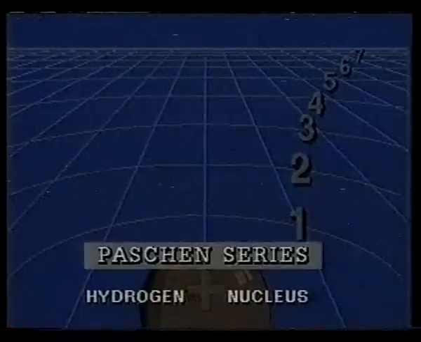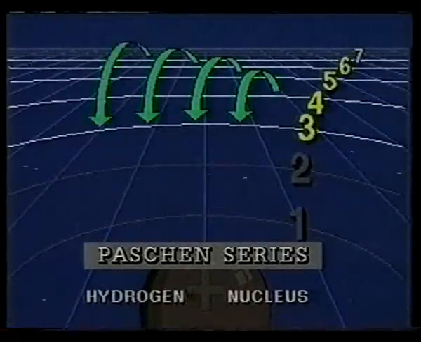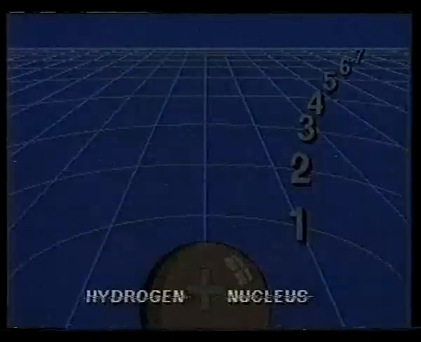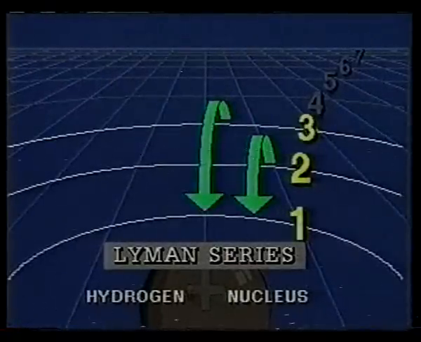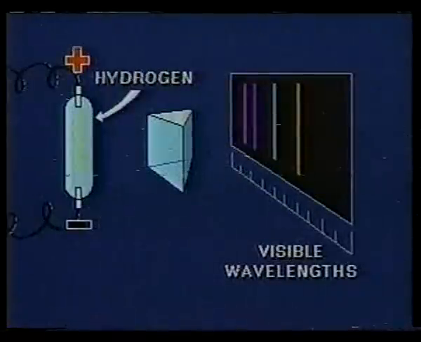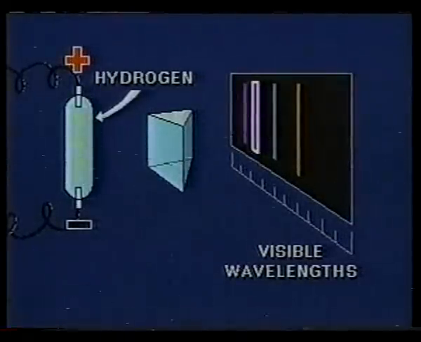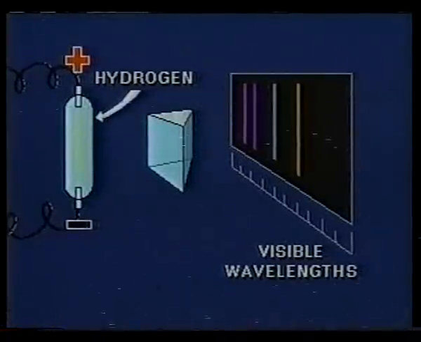Infrared radiation in the Paschen series is produced by jumps to n equals 3. Ultraviolet radiation in the Lyman series is produced by jumps to n equals 1. Bohr had produced the first real explanation of a frequency spectrum, every line corresponding to the energy difference between two permissible orbits of an electron about the nucleus of an atom.